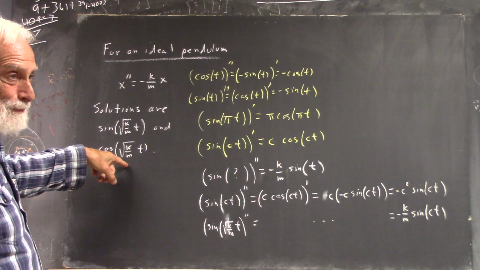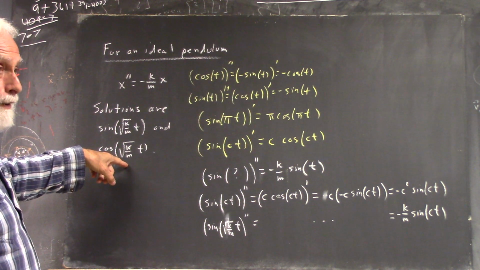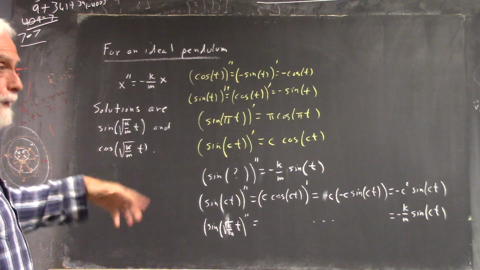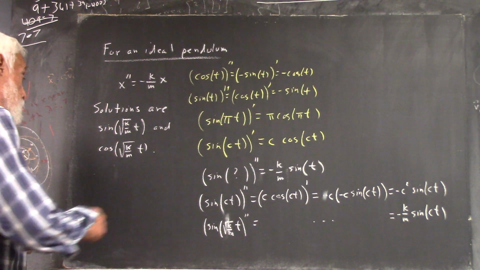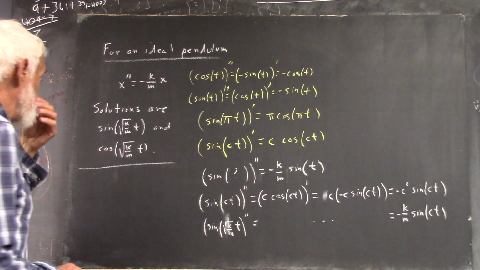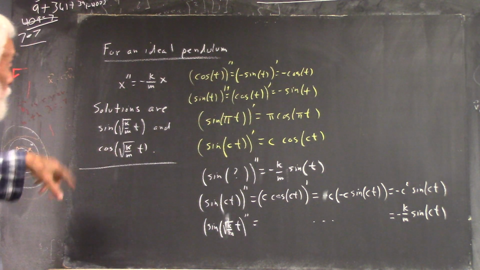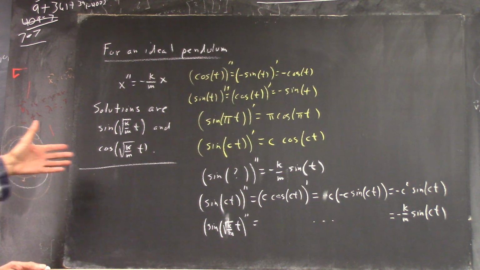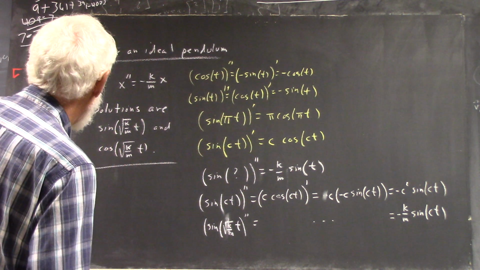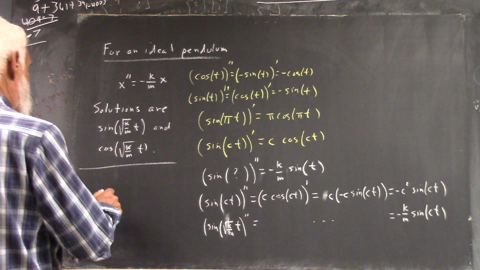People don't understand it. They memorize the formula, but they don't know what it means, so they can't use it except for very trivial problems. Okay? And it's one of the hard things in the course. The reason it's hard is people don't understand it. But that's the result.